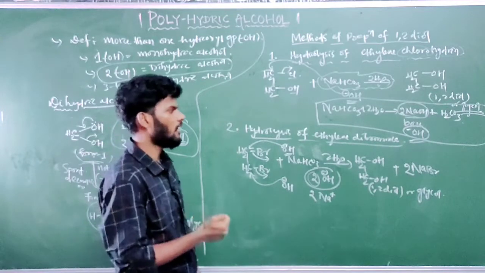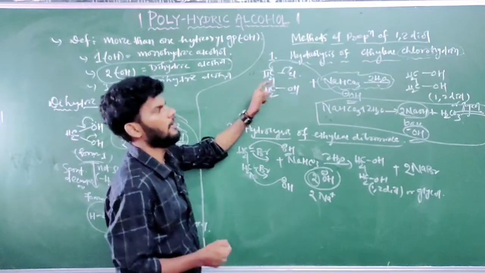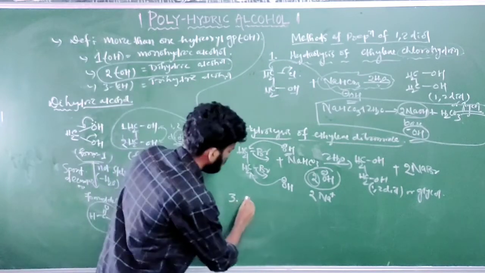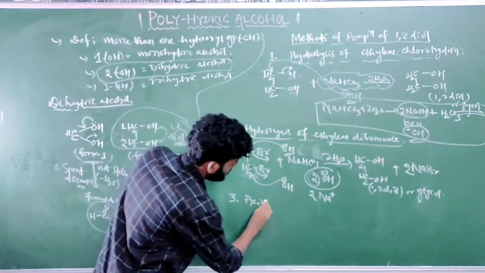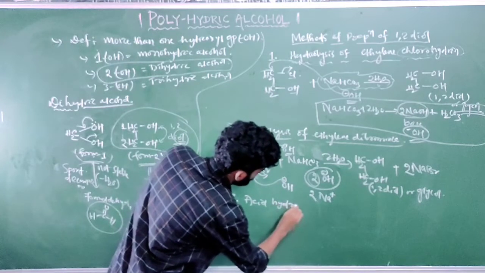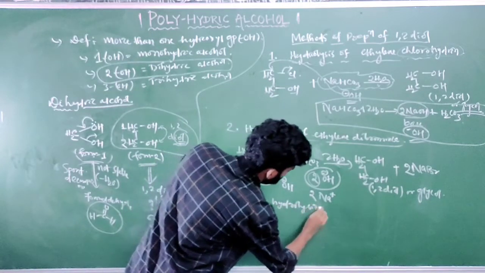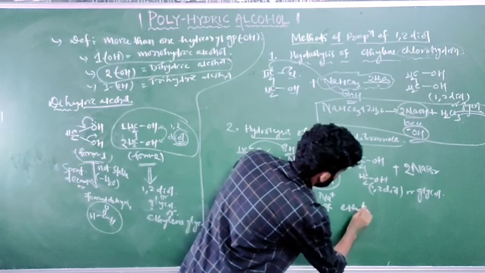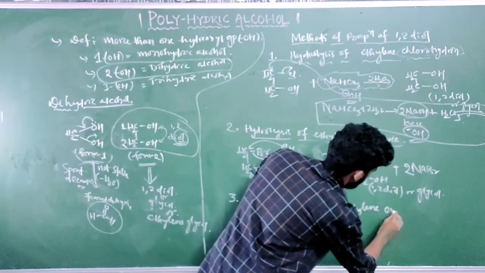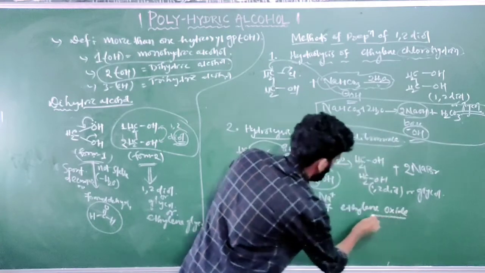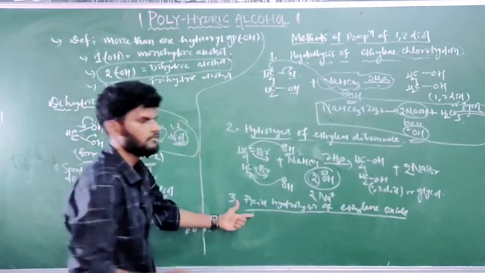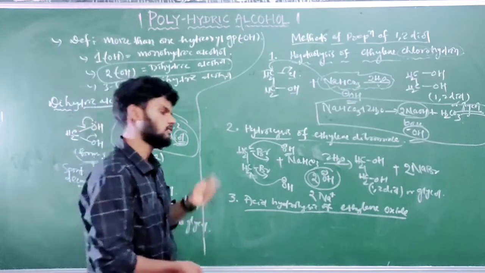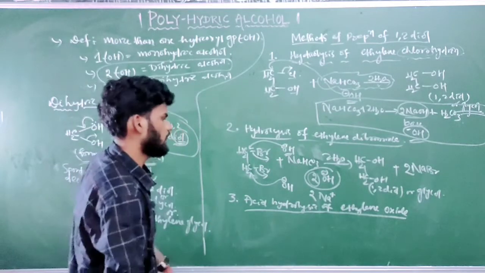So next, coming to the third method of preparation of 1,2-diol, number 3: the acid hydrolysis of ethylene oxide. Hydrolysis will take place in the presence of acid, any mineral acid, HCl or H2SO4 or H3PO4, an inorganic acid.